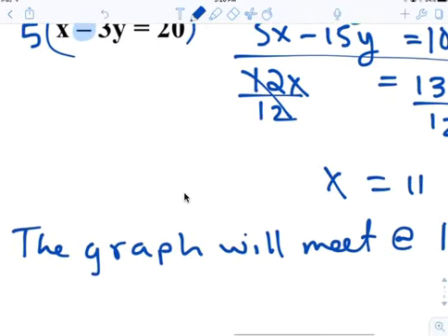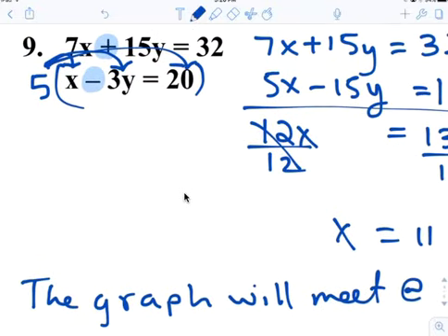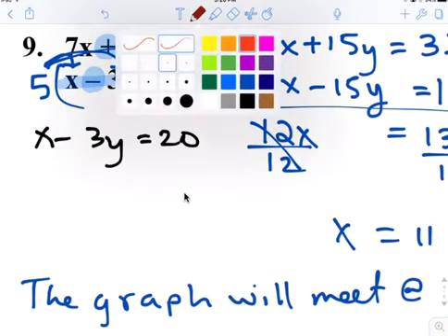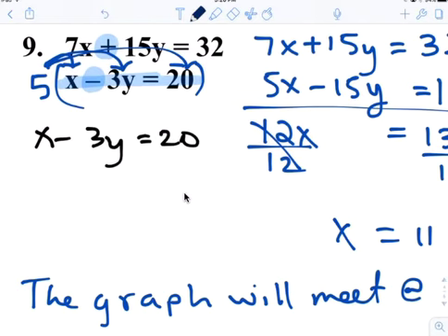Okay, let's use this one. X is 11. So you put 11 where x is. 11 minus 3y equals 20.